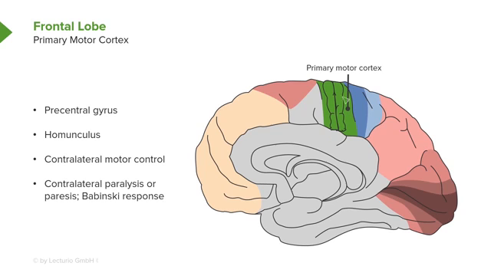And so if you have a lesion in this area and you're unable to have upper motor neuron control of the distal extremity, of the lower extremity, then that's when you can see a Babinski response as well as the contralateral paralysis or paresis of that associated anatomy.